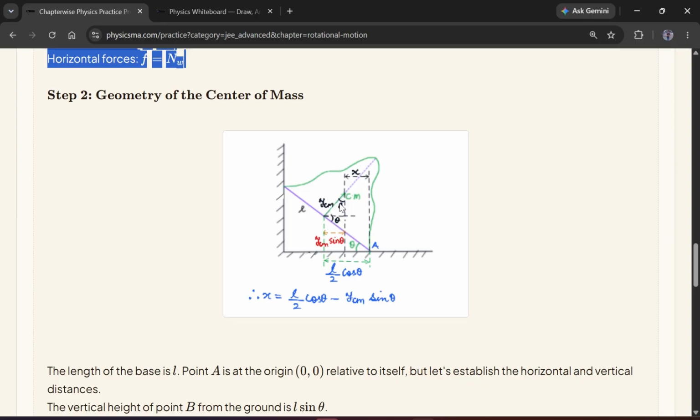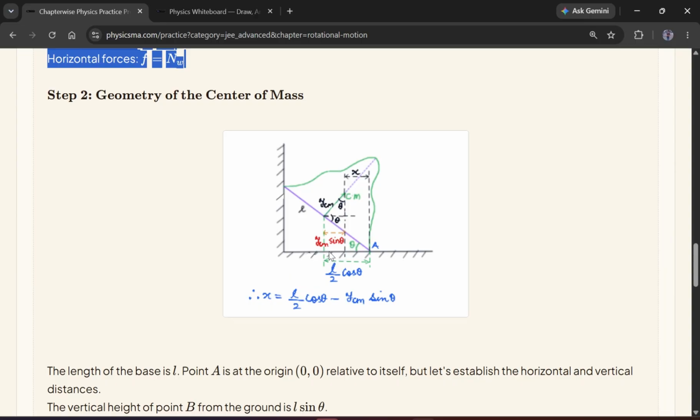So you see that this is the point center of mass, and this is your YCM distance, right? And this angle is theta, so alternate angle, this angle is also theta, this will be 90 minus theta, this angle is going to be theta, right? So now from here to here, this distance is going to be YCM sine theta, right? And in this right angle triangle, you can see that this distance is L by 2.